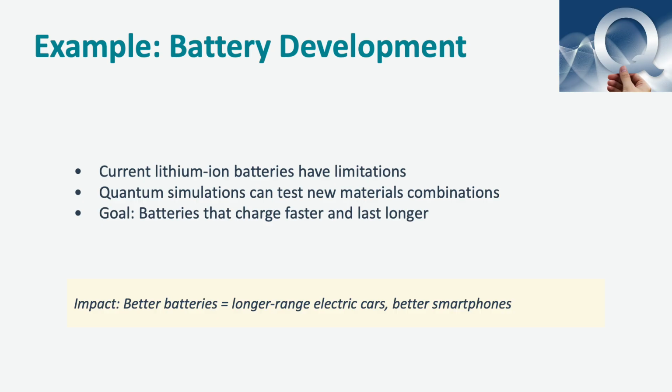For example, they might reveal that a particular combination of materials will allow ions to flow 50% faster, enabling much quicker charging times. Or they might predict that a certain solid electrolyte design will last for 5,000 charge cycles instead of the current 500 to 1,000 cycles.